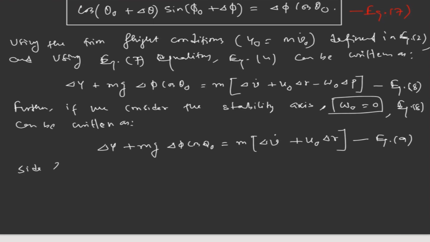Side force y is basically a function of v, p, r, phi and delta r. So these are the variables or controls that actually affect the side force in the aircraft.